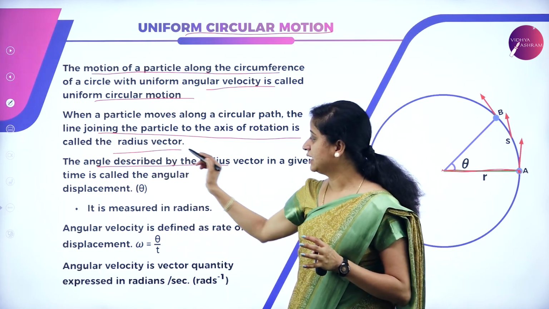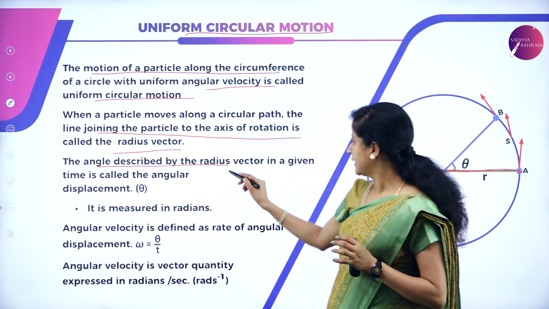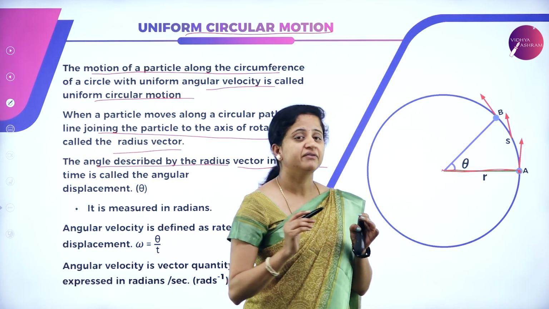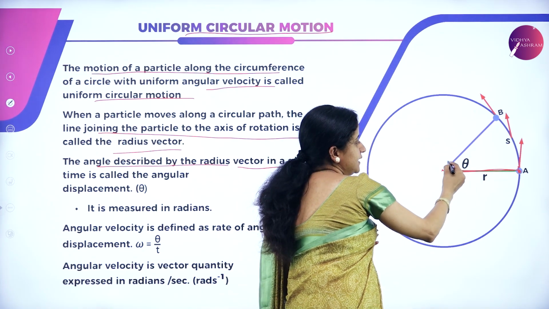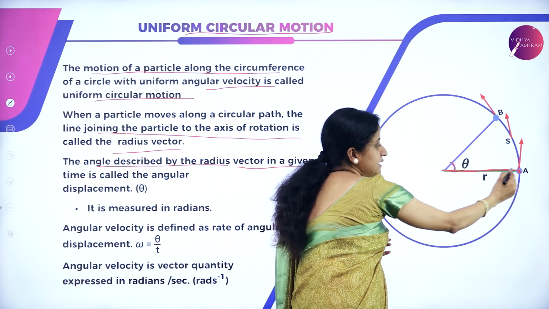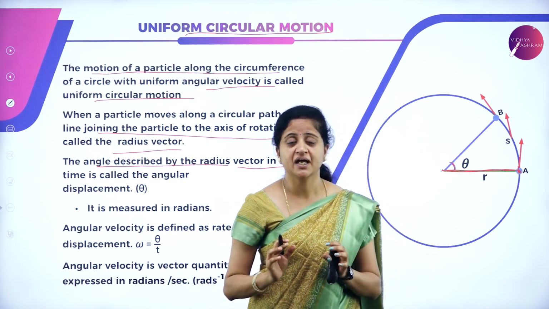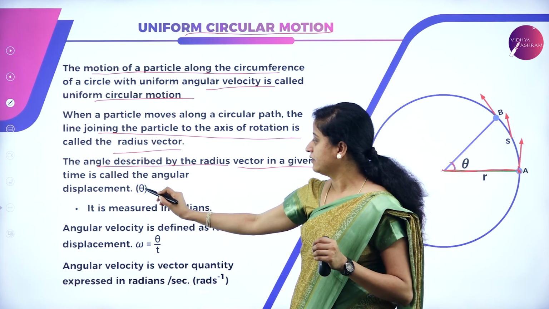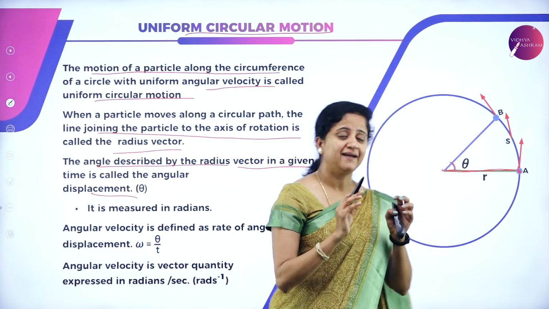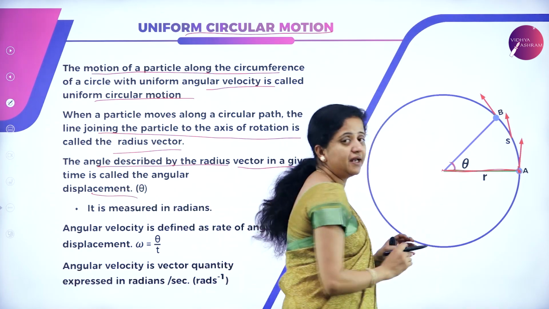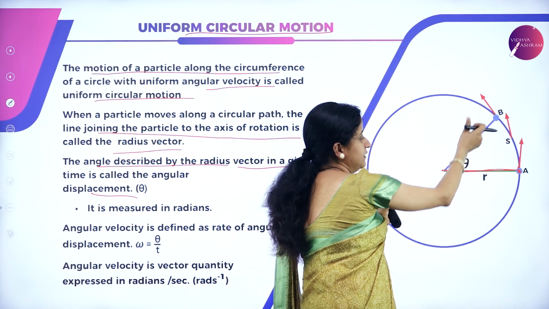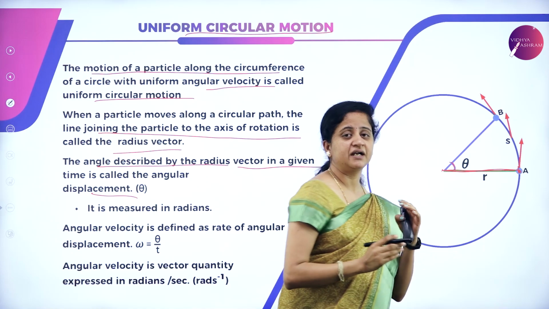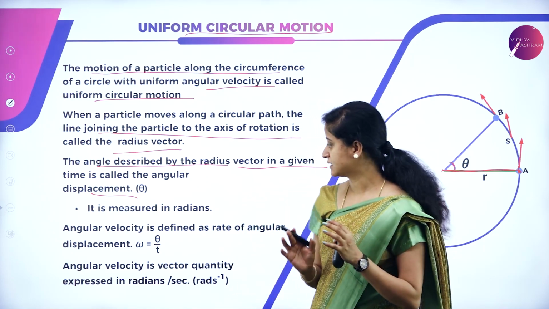It is nothing but the angle described by the radius vector in a given time. And the angular displacement is denoted by theta. We can observe here the particle is getting displaced by angle theta, and we call it angular displacement.